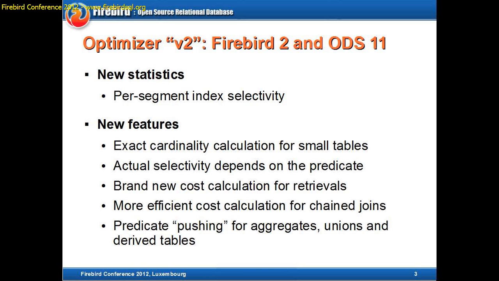Starting with Firebird 2, provided that you join by the field that the derived table is grouped by, so it doesn't affect the resulting set, the predicate can be pushed inside the subquery and used there to utilize indices if possible.